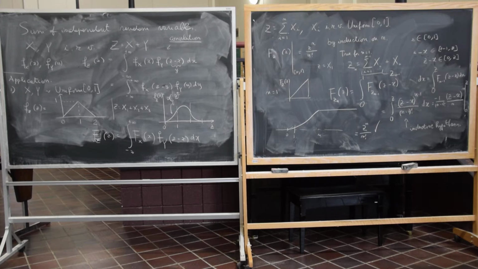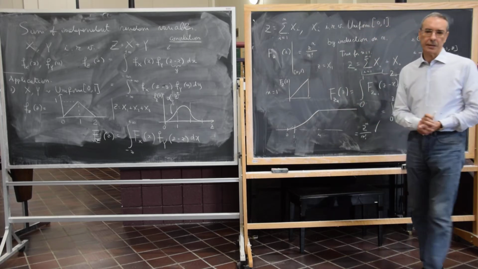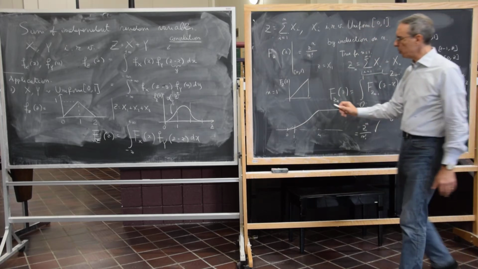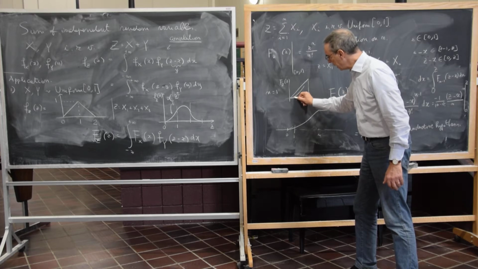Okay? So what does it mean? This means the following. For n equal 1, you start like a ramp. For n equal 2, you start like a parabola. For n equal 3, you start like a cubic.